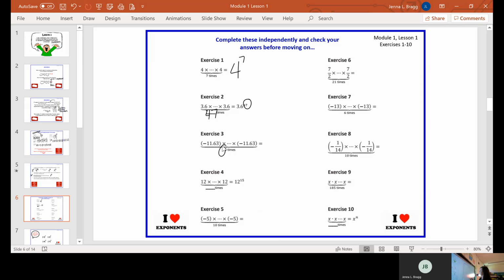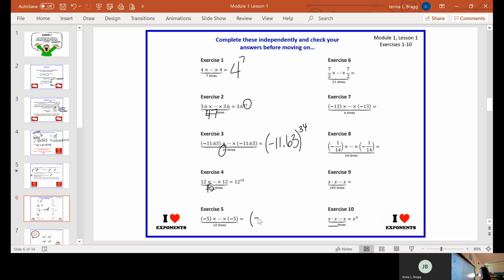Exercise 3, -11 63/100 has been multiplied 34 times. So I have -11 63/100 to the 34th power. Don't forget your parentheses because that's a negative number. 12 to the 15th power means I've multiplied 12 15 times.